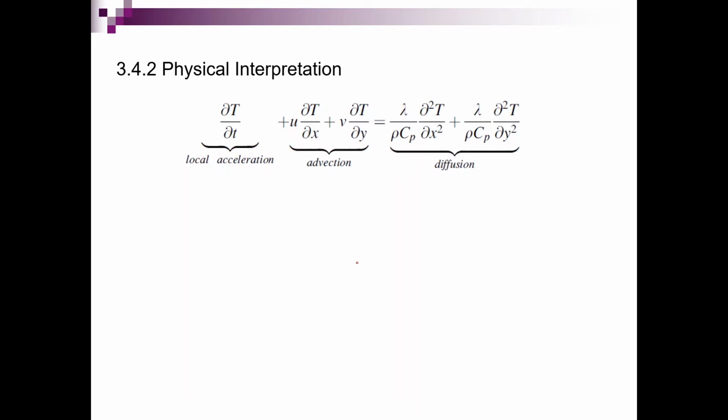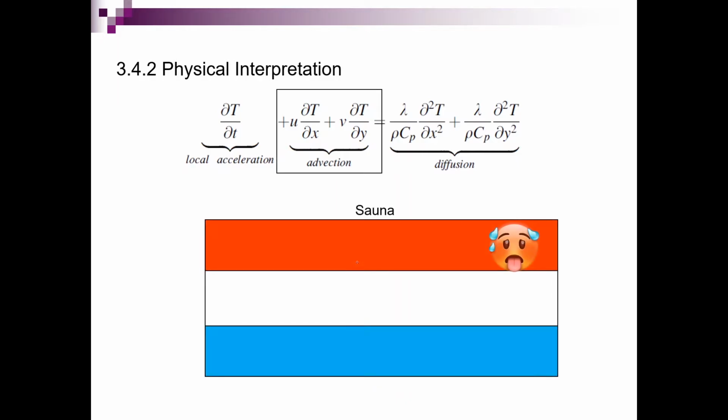Start with an example of advection. For example, you have a sauna. Imagine that you are sitting at a higher place. You know that in a sauna or in a very hot place, due to the buoyancy effect, hot air is lighter than cold air. The upper region of that room is usually hotter because hot air goes up.